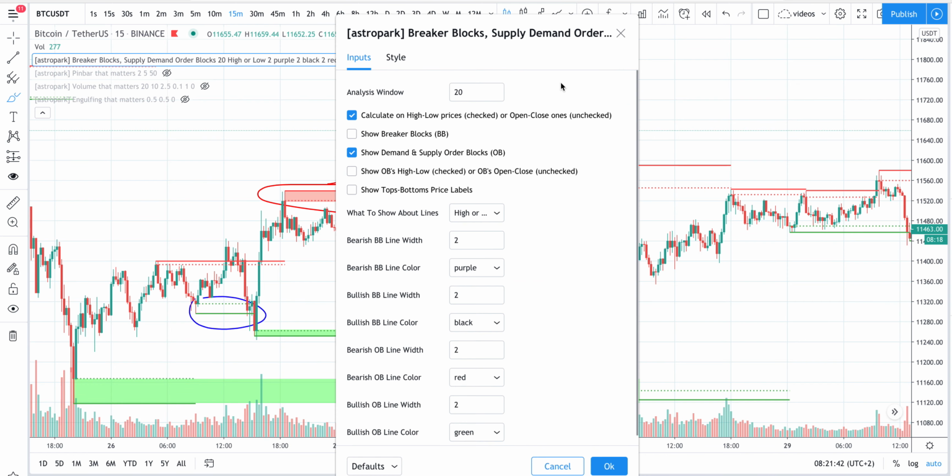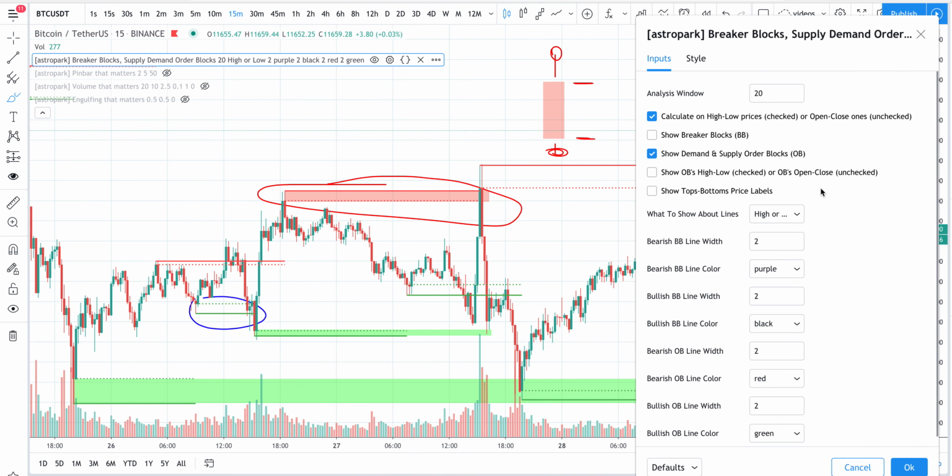So when you have this high-low option, you see the high if you are on supply, the low if you are on demand zone, and that's considering this is unchecked. So you see for each order block also the open or the close.